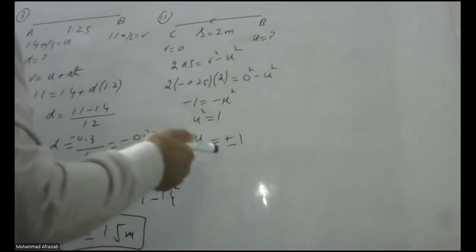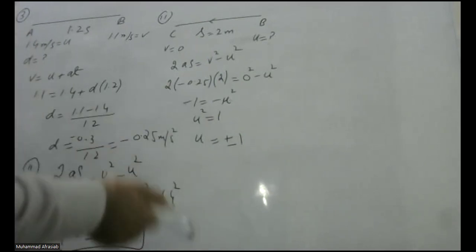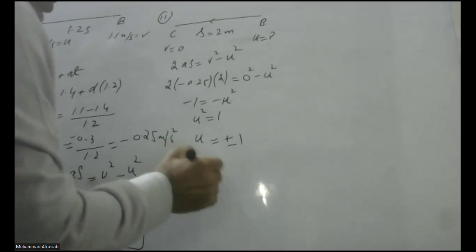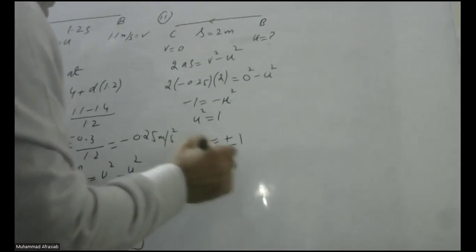It is positive 1 when it is moving away from B, and taken as minus 1 when it is coming back towards position A. So u is basically 1 meter per second for the speed of this object.